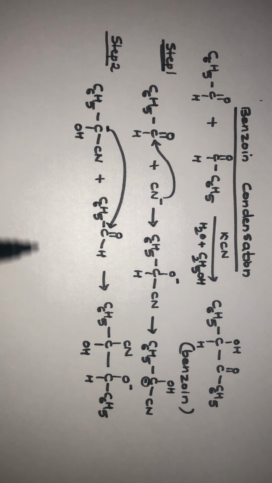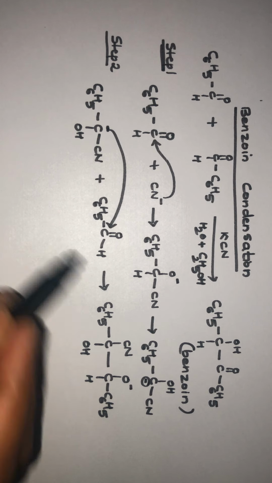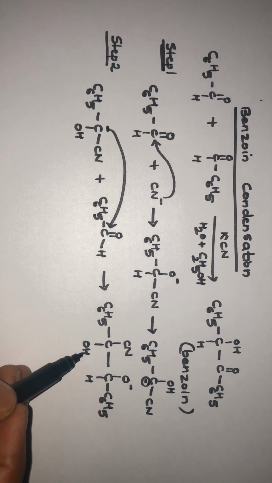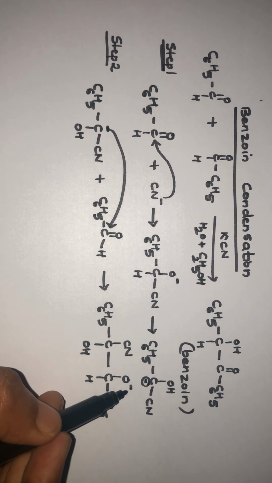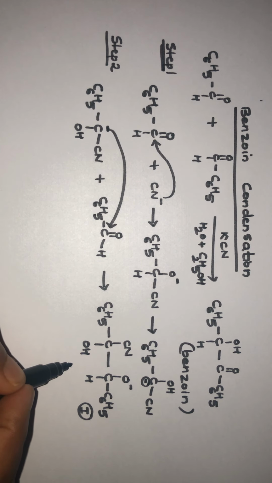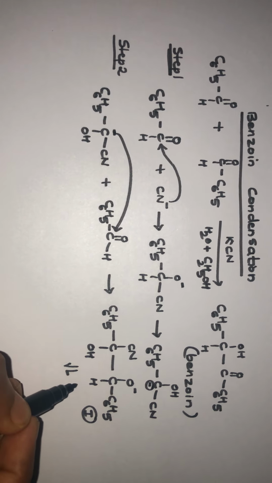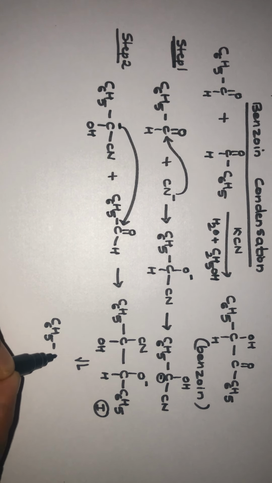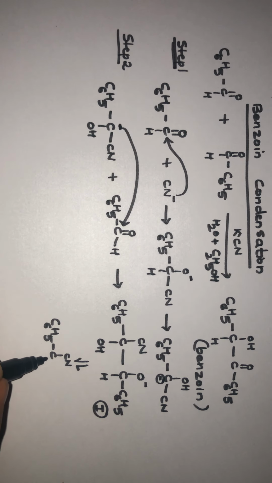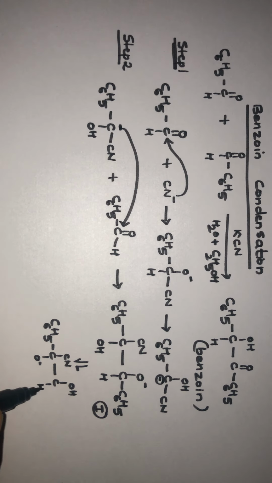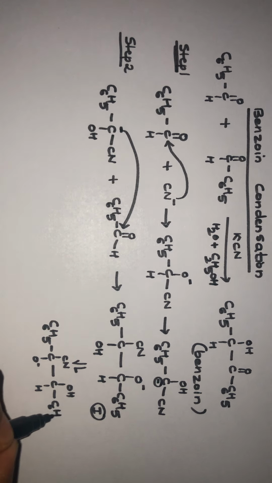There will be a proton transfer from here to here. This is anion 1. So there will be a rapid proton transfer resulting in the formation of anion 2: C6H5, C, CN, O minus, C, OH, H, C6H5.